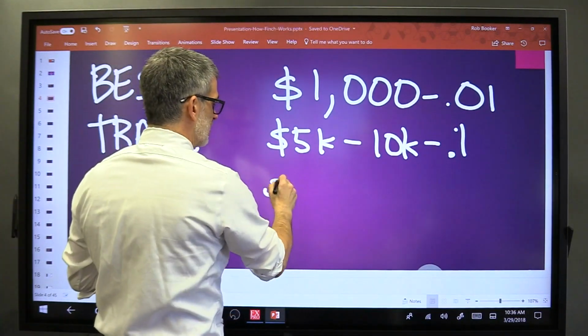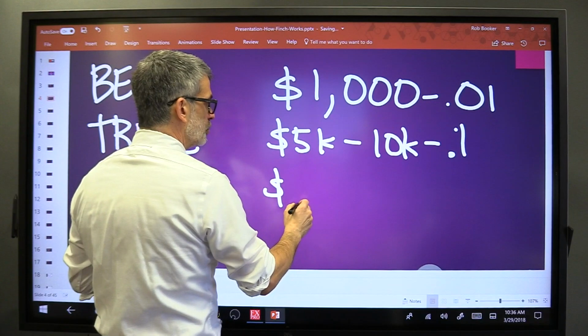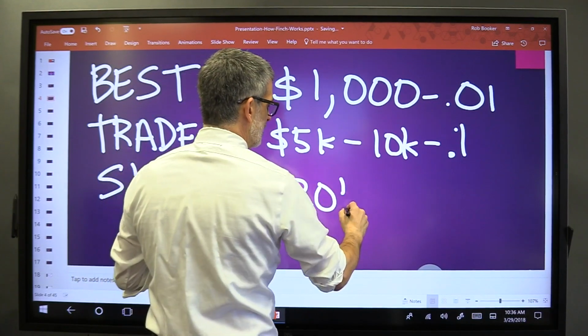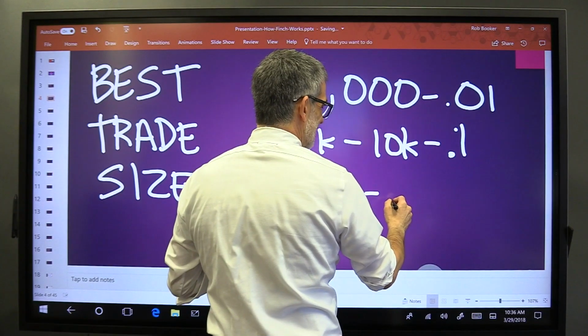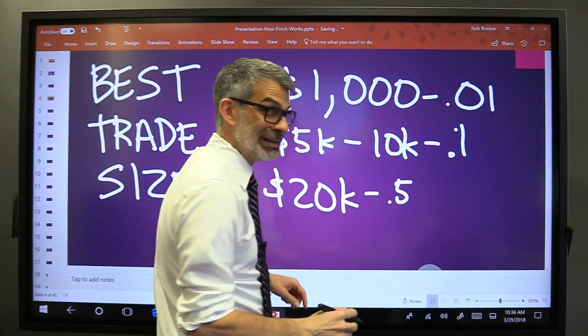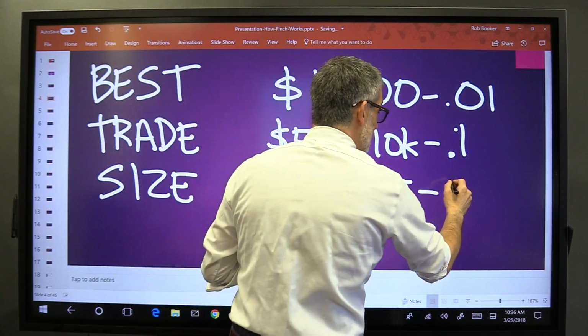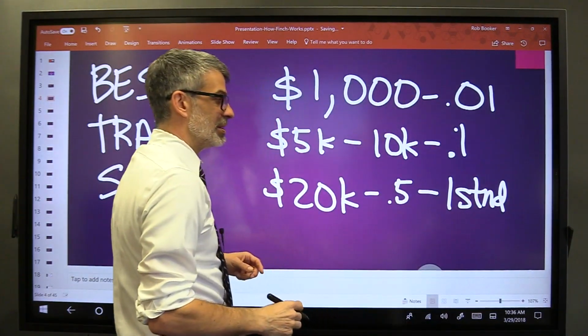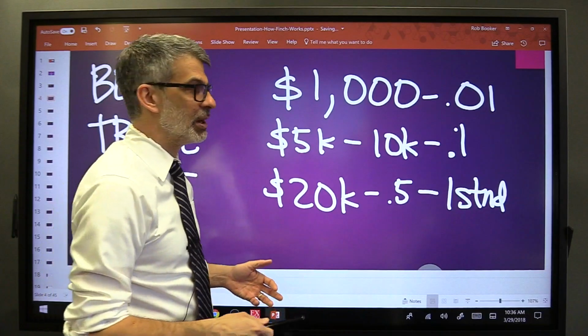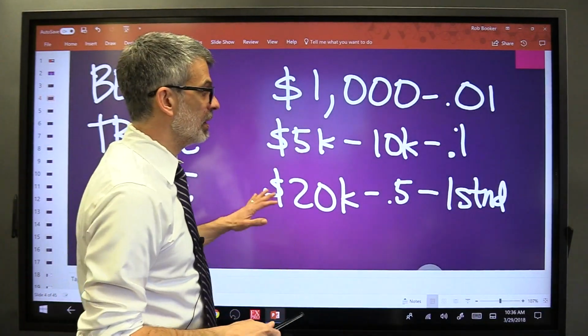If your account is over 20,000, then you could maybe trade 5 mini lots, maybe 1 standard lot, for $10 a pip if you're feeling really confident.